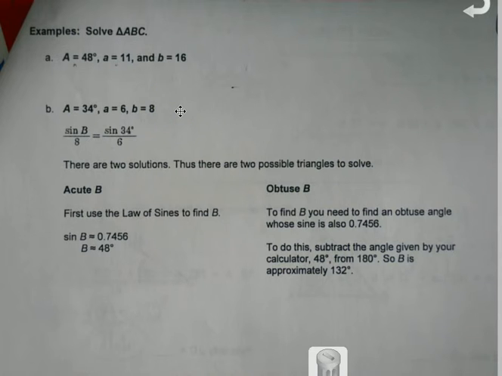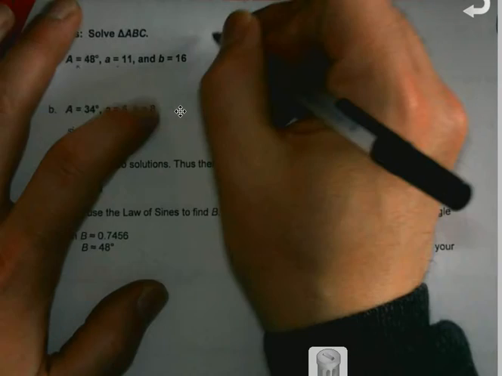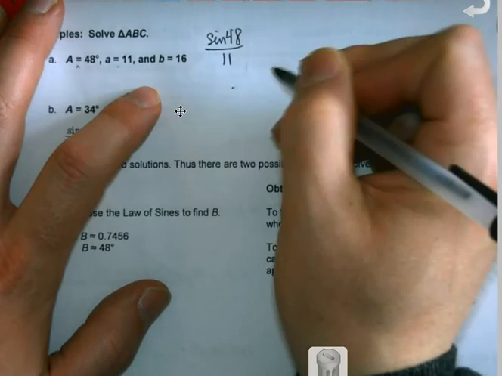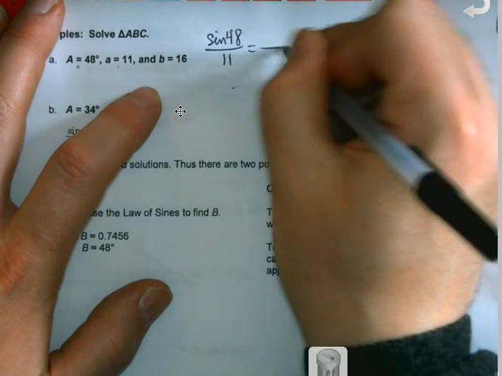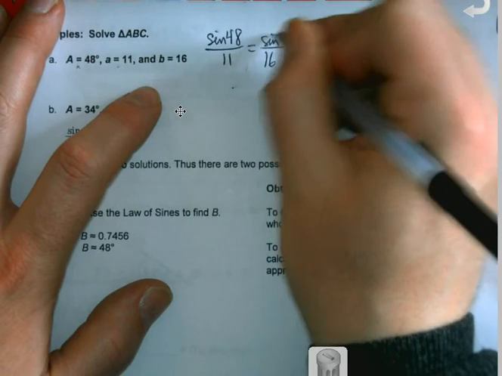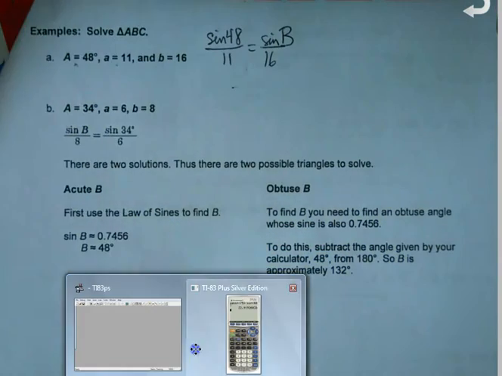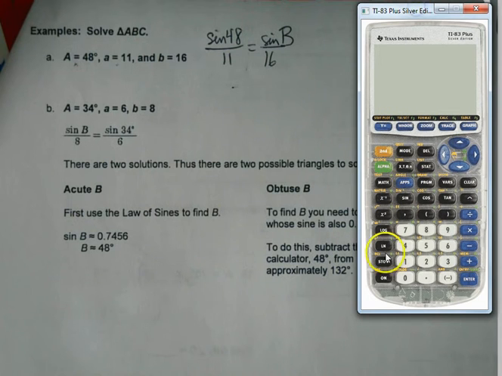If I don't think about it at all and I just start, I'm going to go ahead and do the sine of 48 over 11, and the sine of B over 16. So I get my calculator out and start to do my thing here.